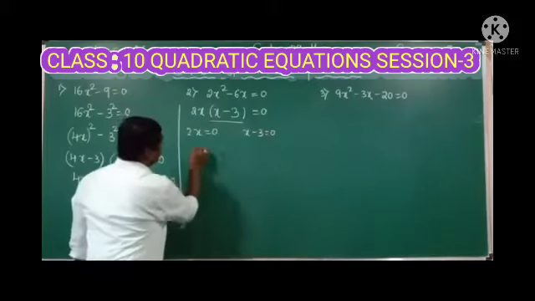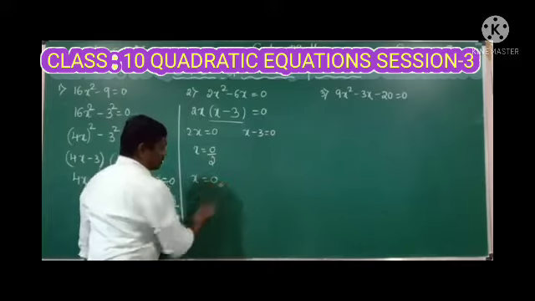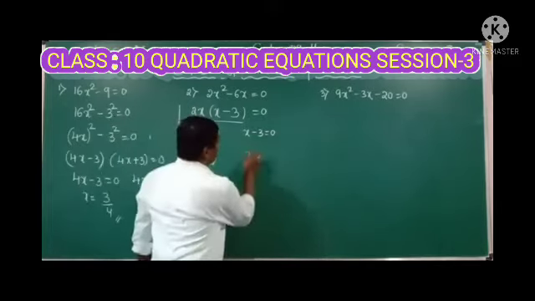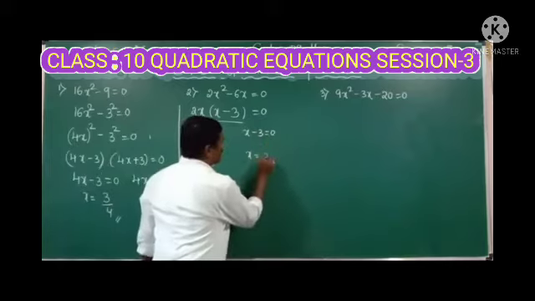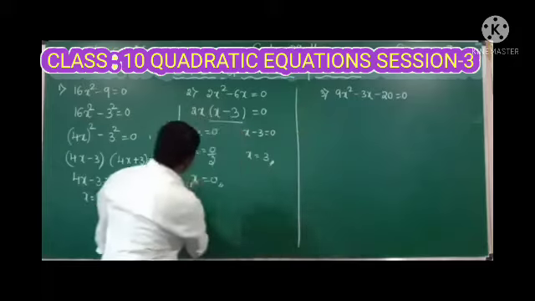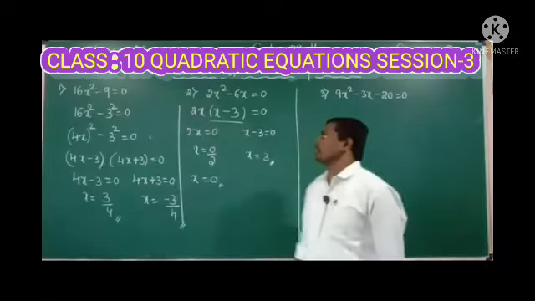Now x is equal to 0 by 2, which is nothing but 0, right? And the next one, x minus 3 is equal to 0, means x becomes plus 3. So these are the two required roots of the quadratic equation.